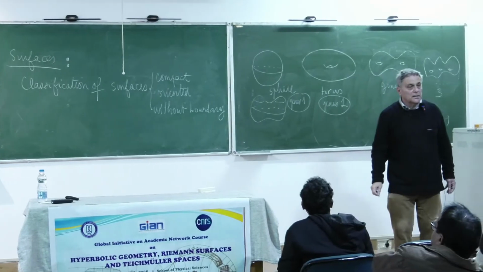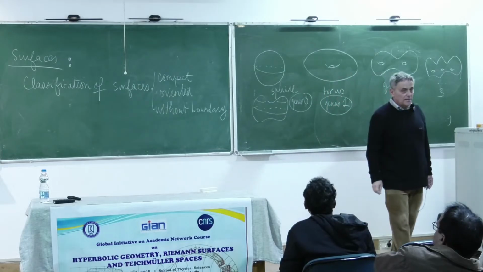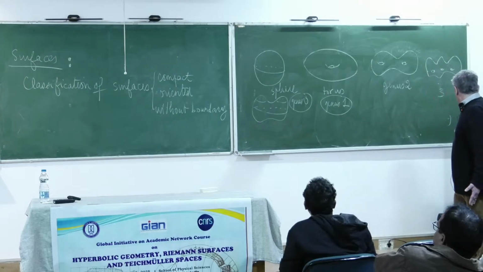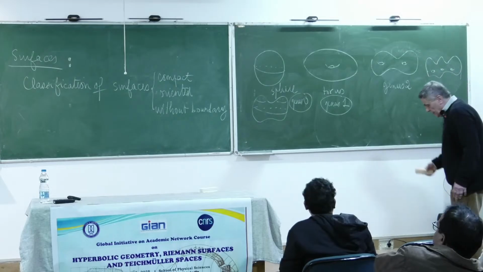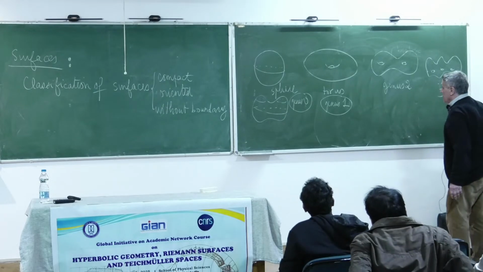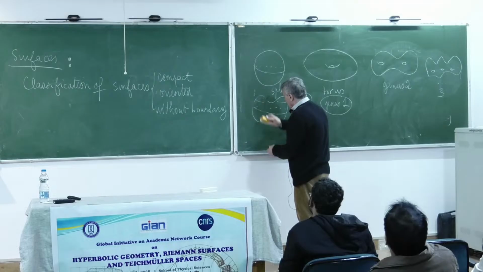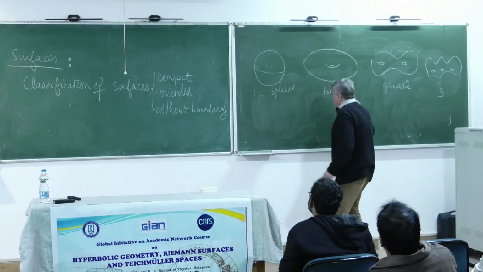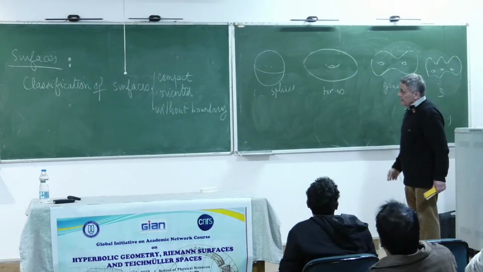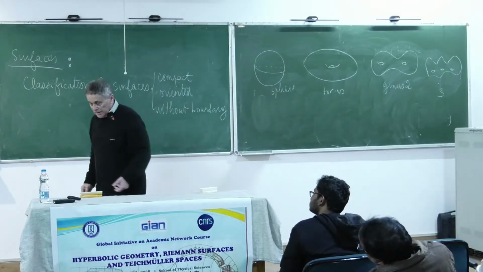These are mostly not all of them, but the kind of surfaces that we are interested in. This is the topological classification. So these are all compact. They are oriented, and they don't have a boundary. Then we need the theory with boundary.